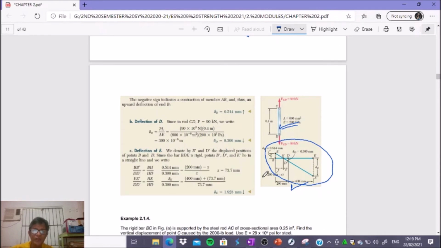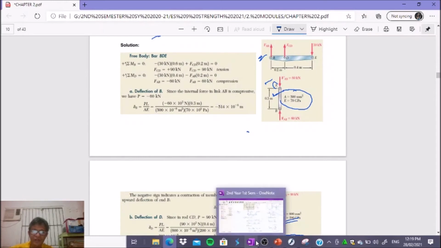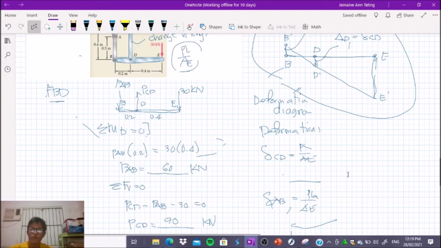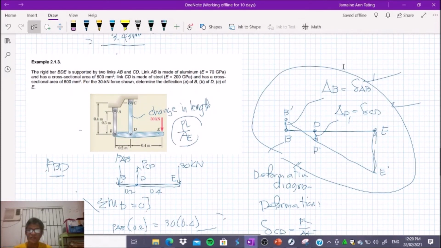So 0.514 millimeters and 0.3 yung D. Ngayon, ang magandang gawin natin dyan para madali, kasi mag-ratio and proportion ka, we have this is 0.2 and this is 0.4.